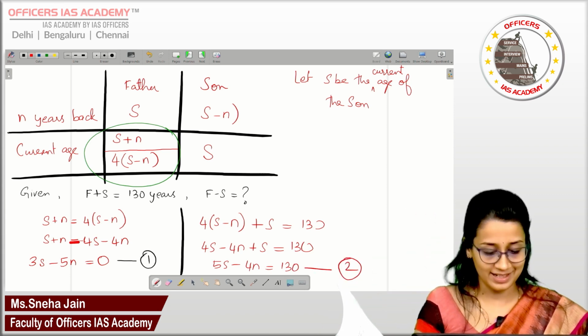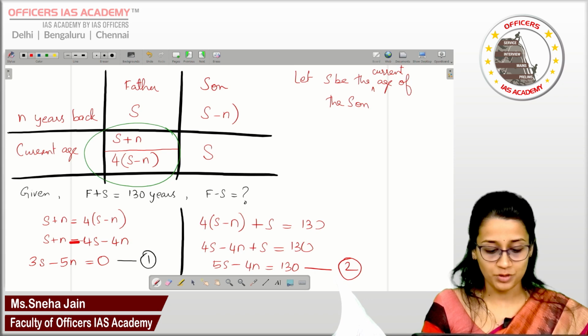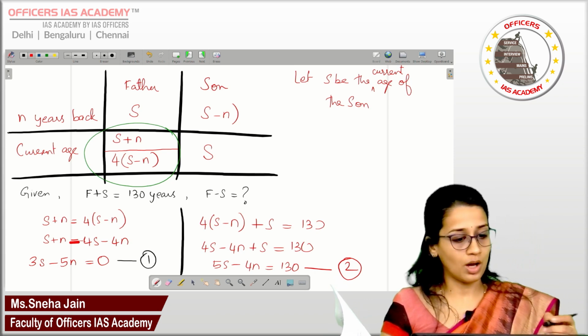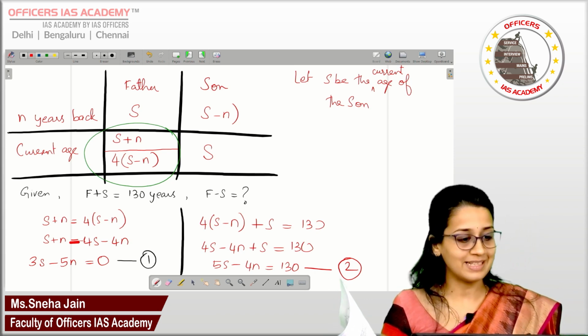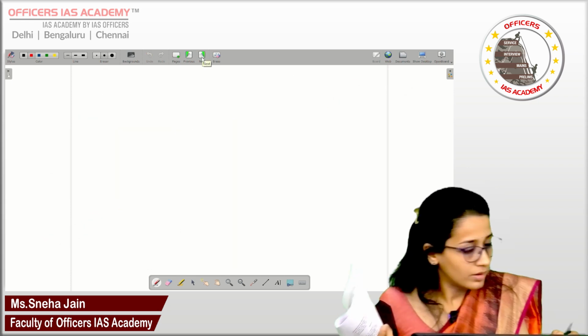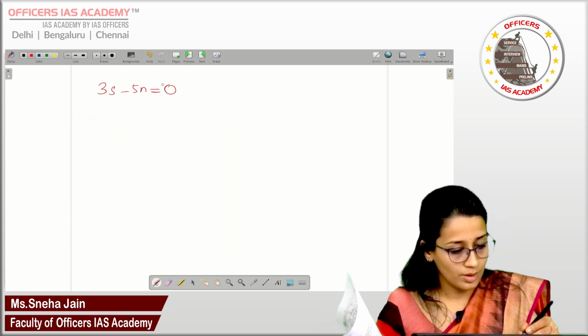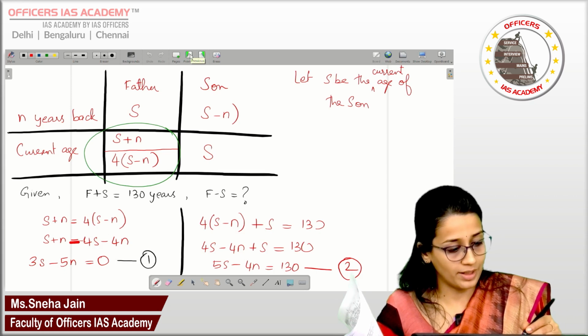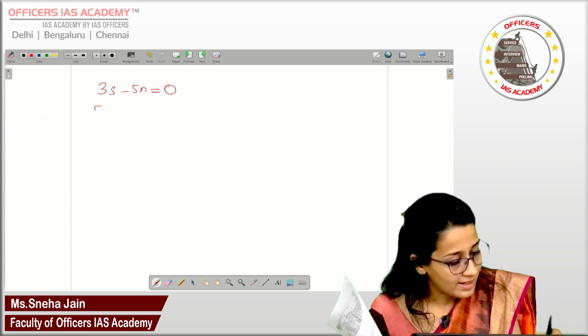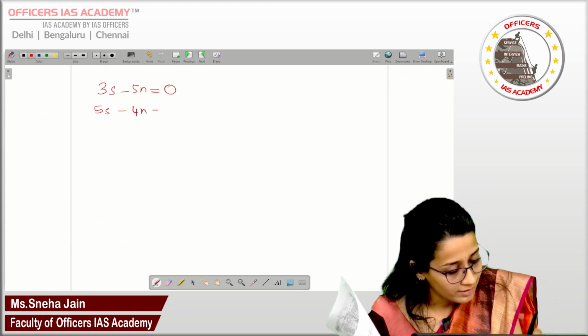So we see that we may have to multiply. So now I'm going to write these equations on another page. 3S minus 5n is equal to 0, and 5S minus 4n equals 130.